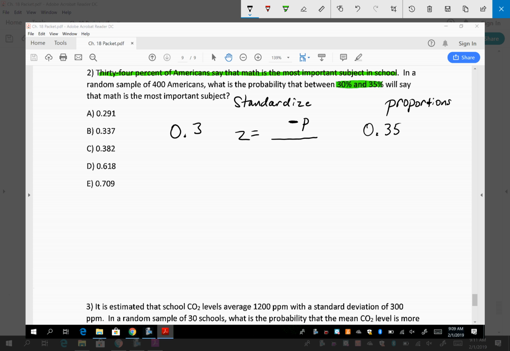Divided by, are we divided by sigma? No, because this is not for a population. So we have to divide by the formula we used on Tuesday. Anybody remember? I know it's been a while. It's the square root of P times Q over N. Welcome back.